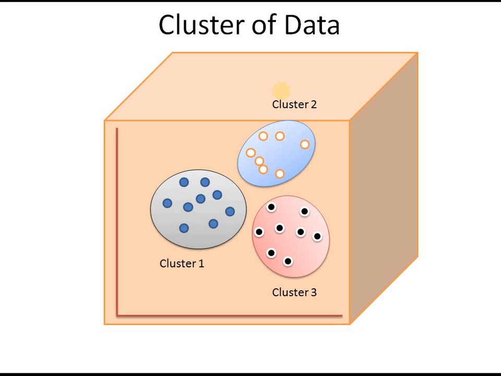The process of grouping a set of physical or abstract objects into classes of similar objects is called clustering. First, partition the set of data into groups based on similarities, and then assign labels to the relatively small number of groups, as we have seen on our screen.